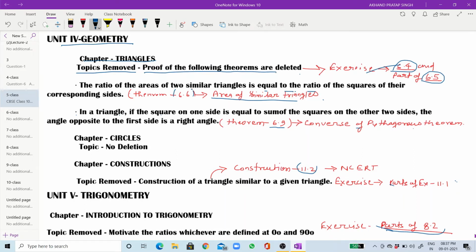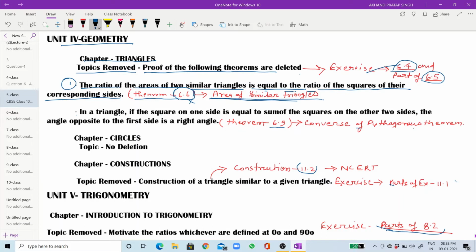The first one is the ratio of the areas of two similar triangles is equal to the ratio of the squares of their corresponding sides. So we can say in simple manner, area of similar triangles. And if you look at the NCERT book, then theorem 6.6 will be removed from your syllabus.